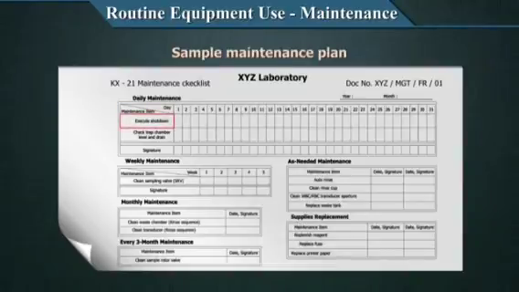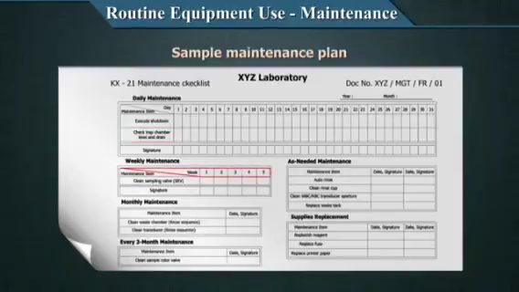The next says check the trap chamber, and so on. All these things will be done, and after the technician does it, it has to be checked off with a check mark and signed. That's how you evidence that you have done your daily maintenance. I hope that is clear.